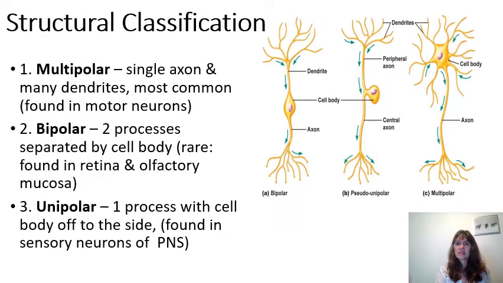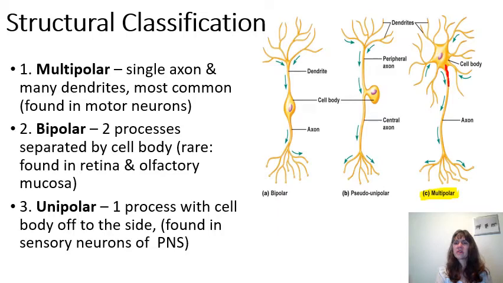If we look at neurons according to their structural classification, on the far right of this picture we see multipolar neurons. Multipolar neurons have a single axon and many dendrites coming off of their cell body.